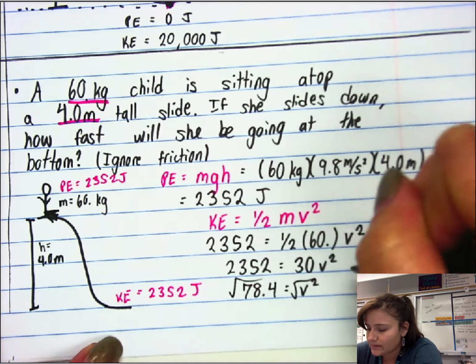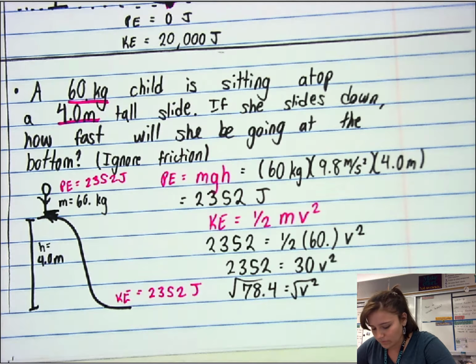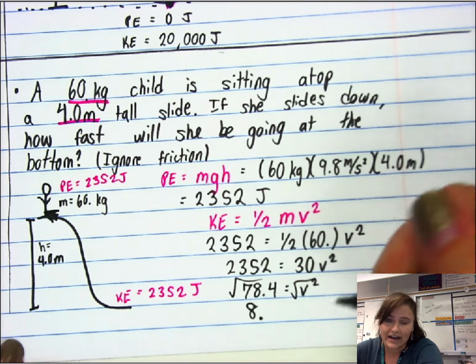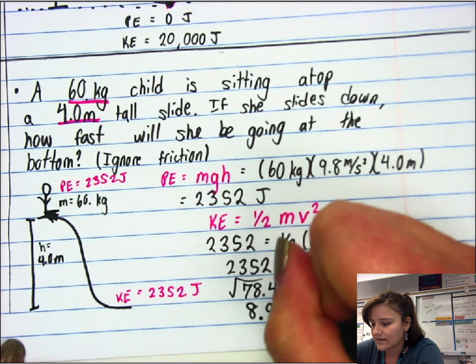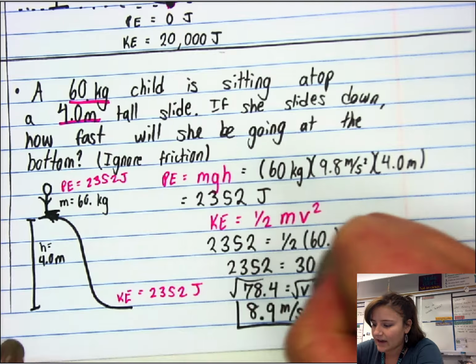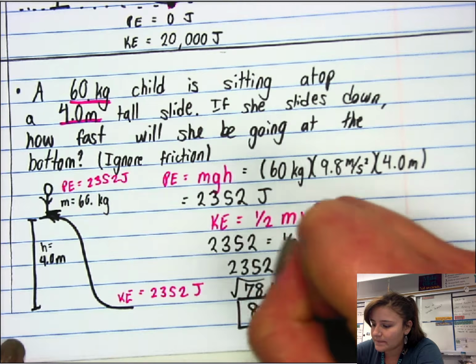Take the square root of both sides to undo the square. And I get 8.85, so I'm just going to say 8.9. Velocity is in meters per second. So that is how fast she will be going at the bottom.